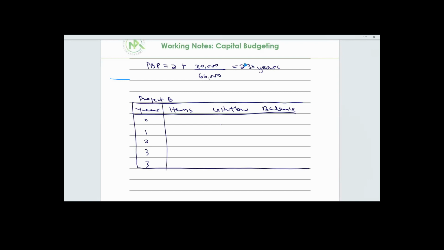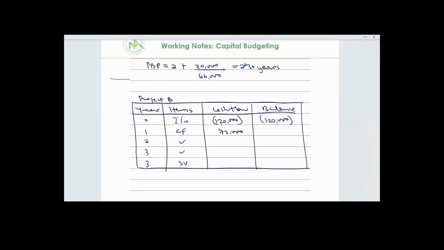Yes. Initial outlay for project B, 120,000. Then cash flow, cash flow, cash flow, then scrap value.